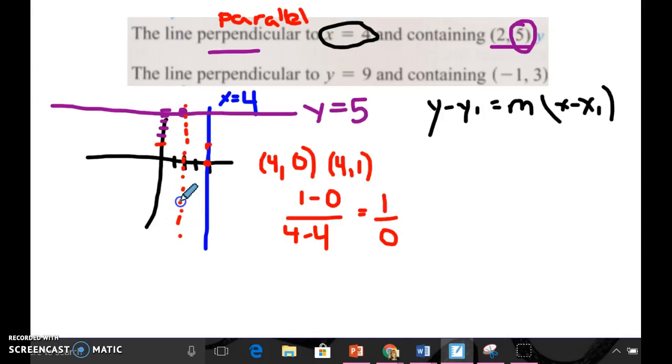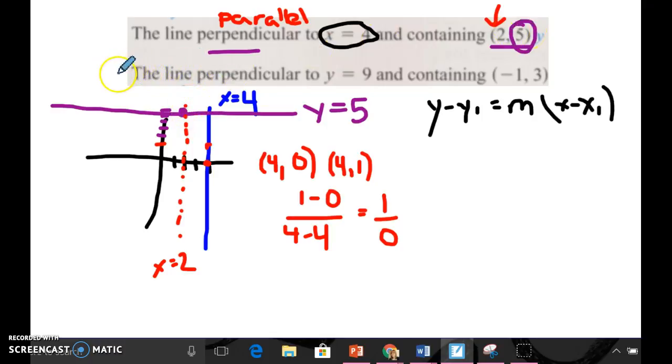The parallel line would be x equals 2, because that's the only line that's going to be parallel and go through this point. So if they want a parallel line to x equals 4, it's going to be x equals the x coordinate. If it's a perpendicular line and it's at x equals something, then it's going to have to be y equals the y coordinate.